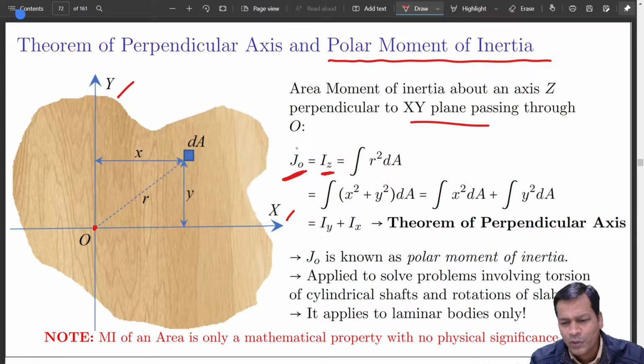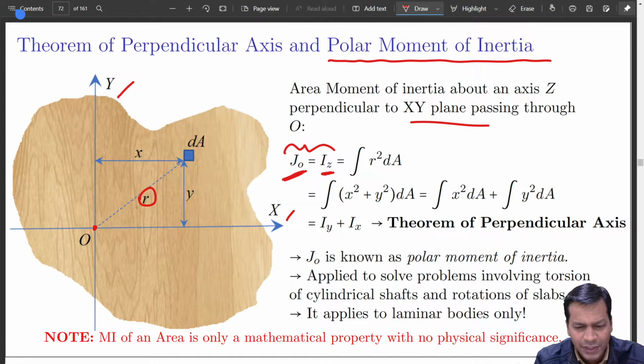Both are equivalent terms. That should be equal to integral of r square dA. dA is the small elemental area which is at a distance of x from the y axis, y from the x axis. Got it? So x square plus y square is equal to r square. So that gives you directly this.